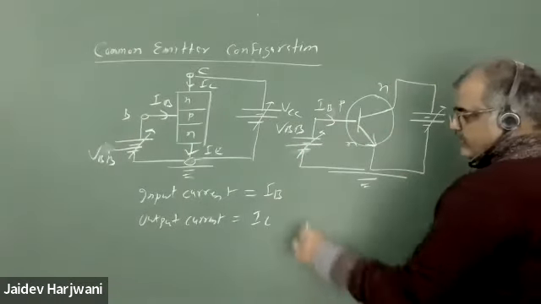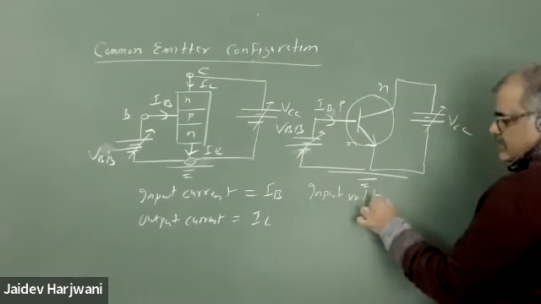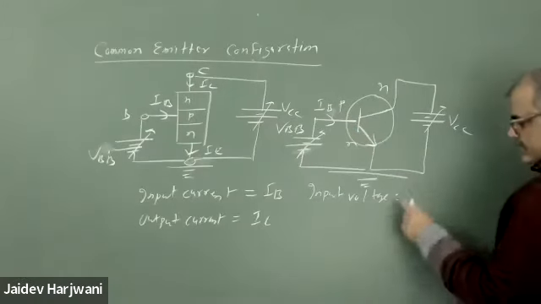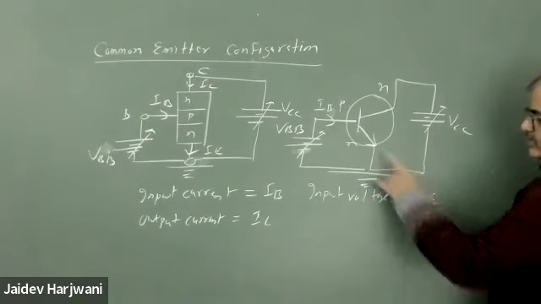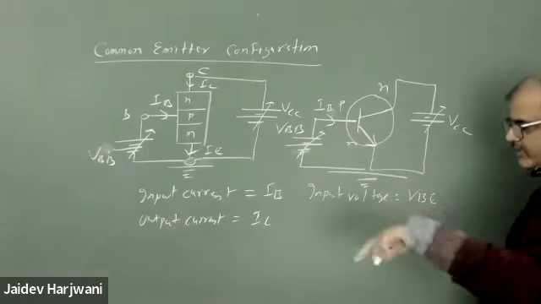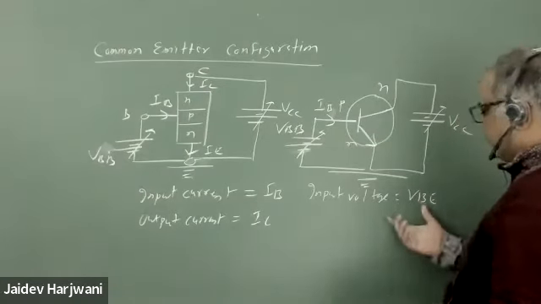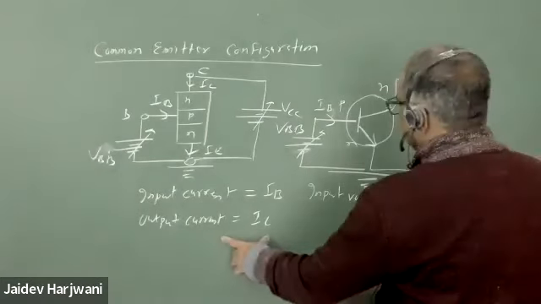And input voltage here is VBE. Base is common, so the voltage of base compared to emitter. Earlier it was VEB, but I wrote VB because that was both same. Only signs change. So now input voltage is VBE, input current is IB, output current is IC.